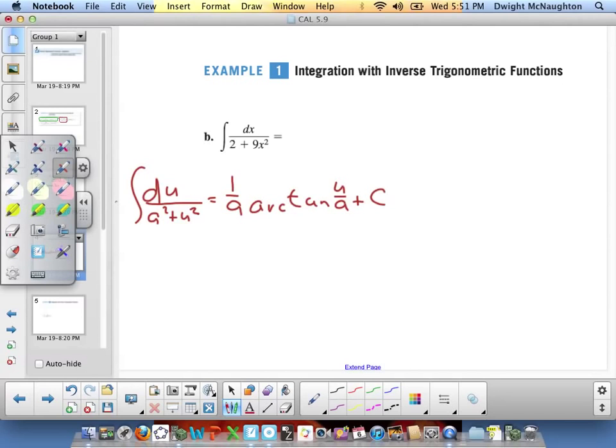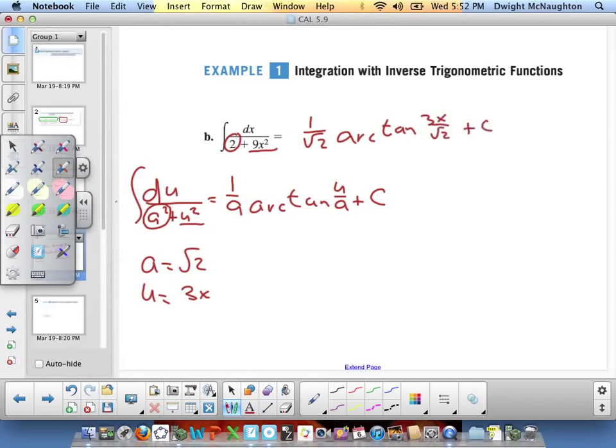This follows the pattern provided that a equals the square root of 2, because a squared is in that spot, and u is 3x, because u squared equals 9x squared. We follow the pattern, we get 1 over a, which is the square root of 2, arctan of u, which is 3x, over the square root of 2, plus a constant.